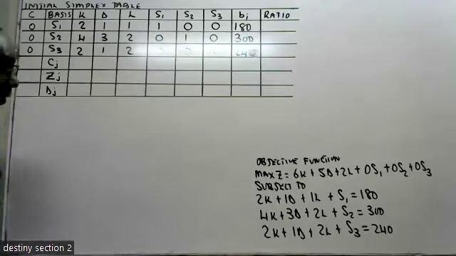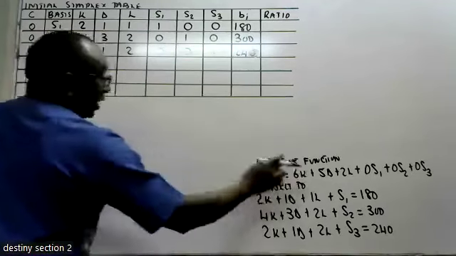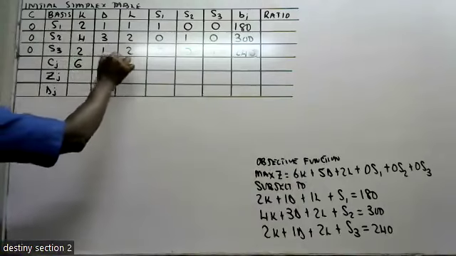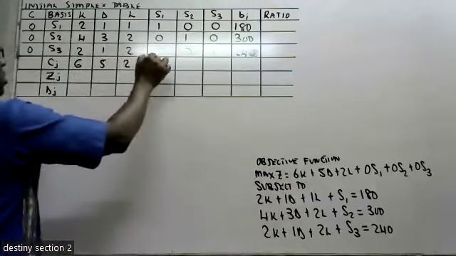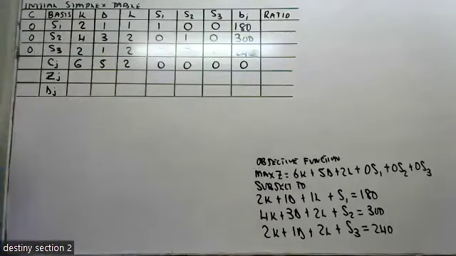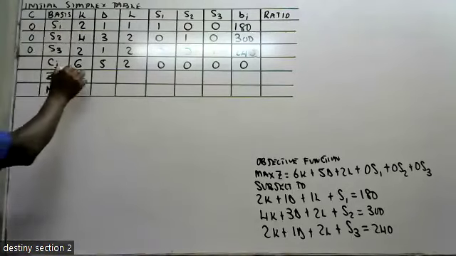CJ, we record these values from the objective function. So 6, 5, 2, 0, 0, 0, 0. ZJ, in the initial table, is always zeros, because it is these zeros multiplied by this.